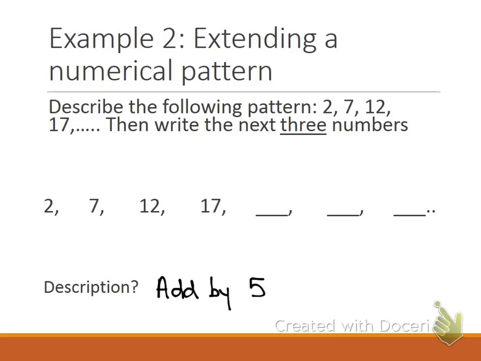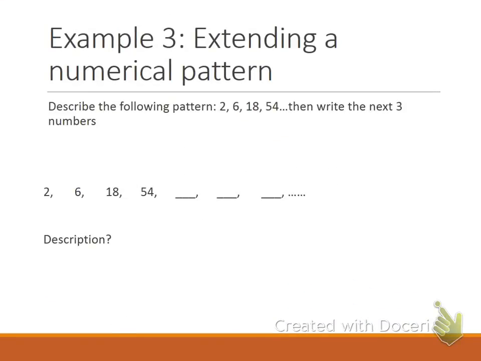Okay, the pattern or the description is to add by 5. And then in your notes, I want you to go ahead and fill in the next 3 numbers. 17, 22, 27, and 32. All right, very good.